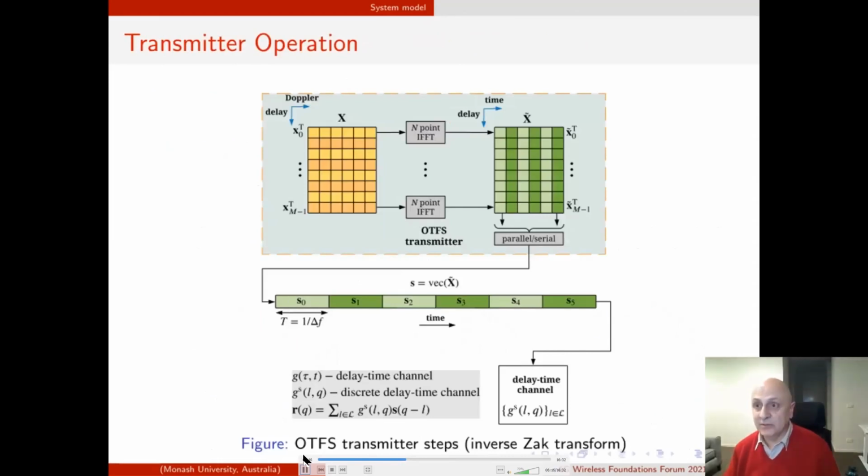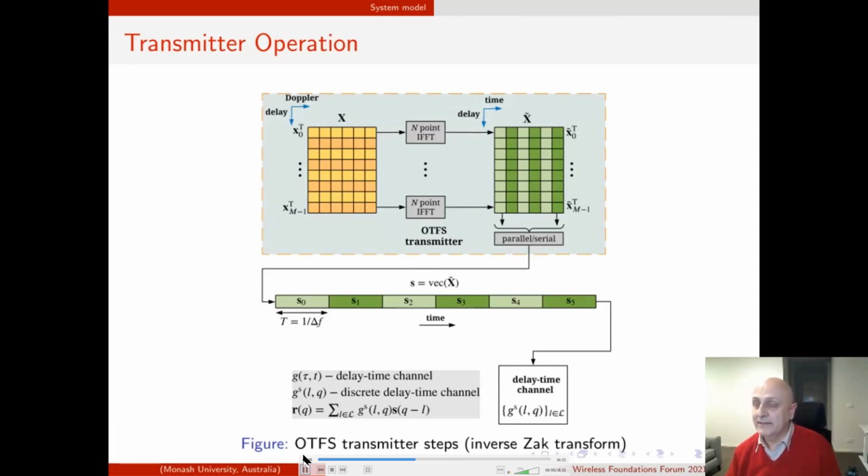We have seen the principle of operation in the previous diagram, but for a practical implementation, that same operation can be achieved in a much simpler format. And here you can see in this diagram that the delay-Doppler plane, where the information symbols can be placed in this two-dimensional array, is subject to an N-point inverse fast Fourier transform on each row, to convert that into the delay-time plane.